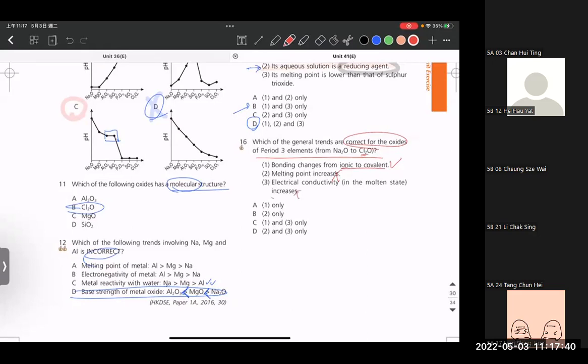Of course not. No matter a curve upward or whatever, altogether it seems like an upward trend, which means non-metal oxide would be highly conductive in molten state. No, that statement doesn't make sense. A is the answer.